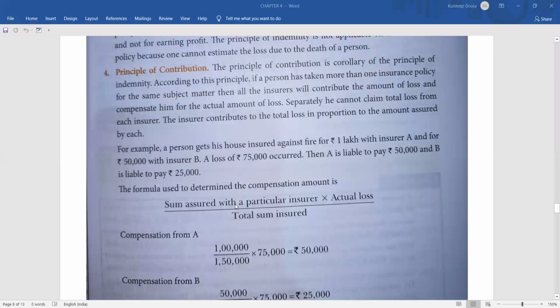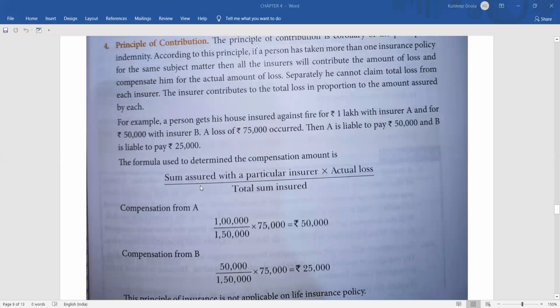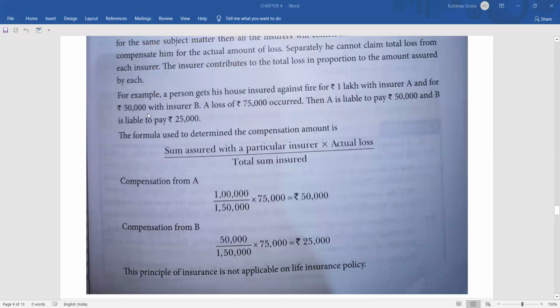The formula used for determining the compensation amount is: sum insured with a particular insurer, into the loss, divided by total sum insured. So here is an example. For example, a person insures his house against loss by fire for 1 lakh rupees with insurer A, and for 50,000 with insurance company B. There is a loss of 75,000.